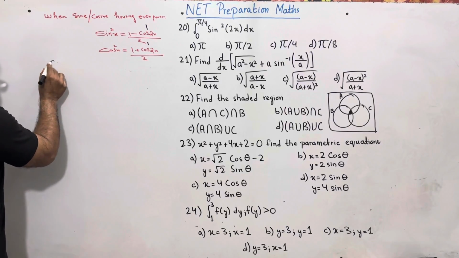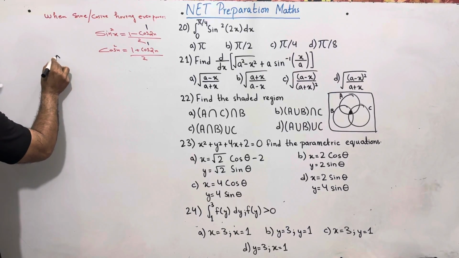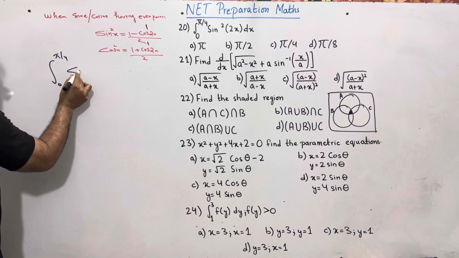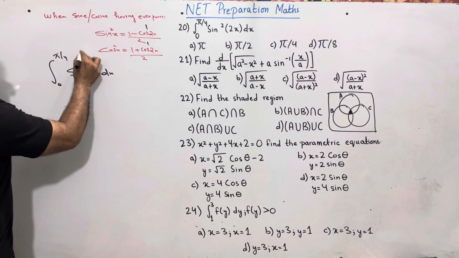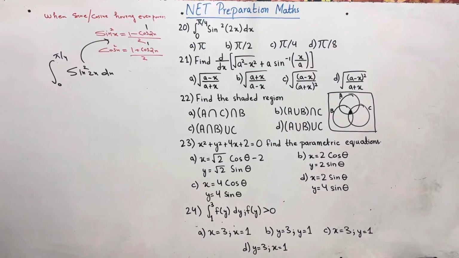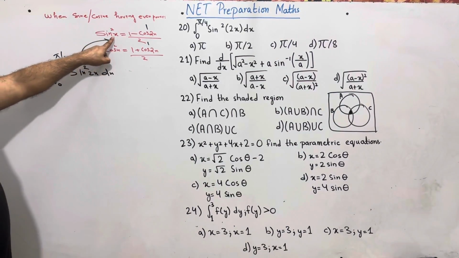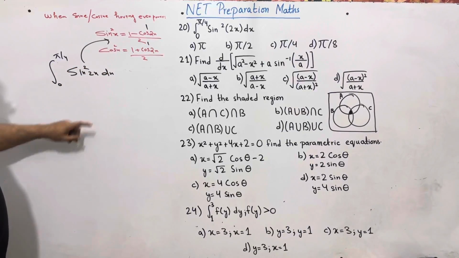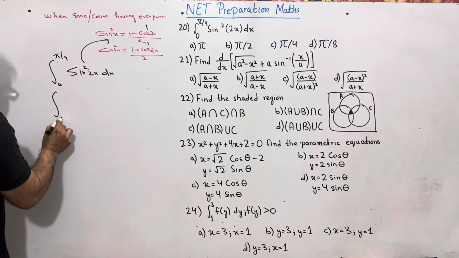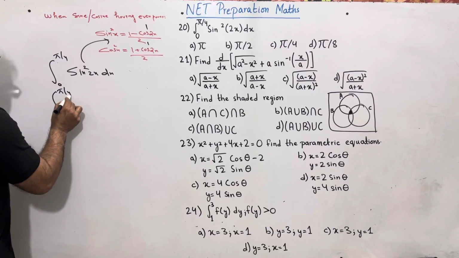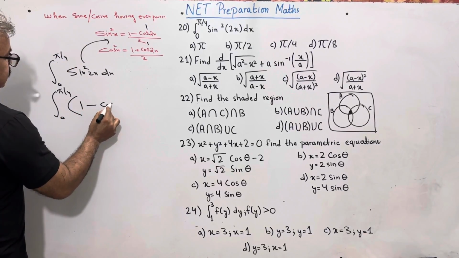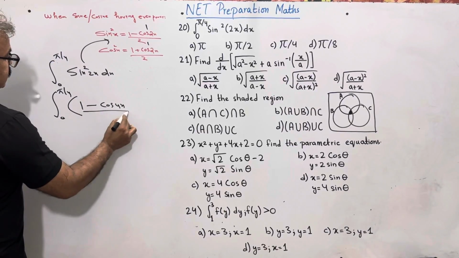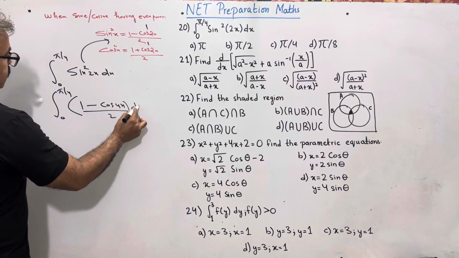We have this question. Limits are 0 to pi over 4, sine square 2x dx. Utilizing this identity, keeping in mind that there is 2x, doubling the angle, the question turns to be 1 minus cos 4x over 2 dx.